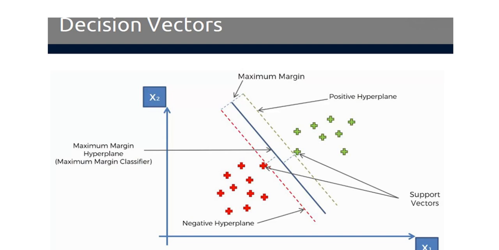Closest points are support vectors. The distance between the margin boundaries is called the margin. And the main objective of SVM is to find a decision boundary that separates the classes while maximizing the margin. So this is how support vectors, maximum margin and decision boundary work in SVM.